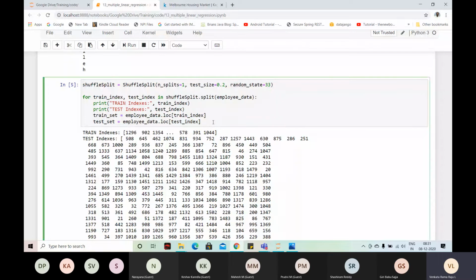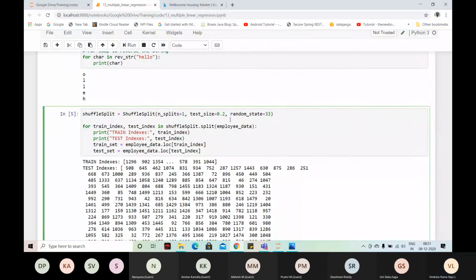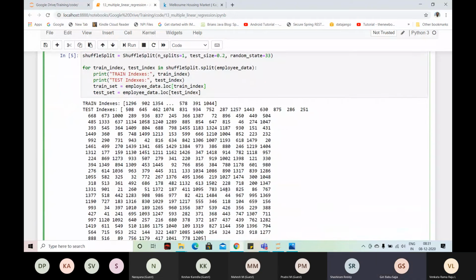Got it? What is the problem with that? Do you see any problem with it? If you want to send the data to remodeling, then it will always change.